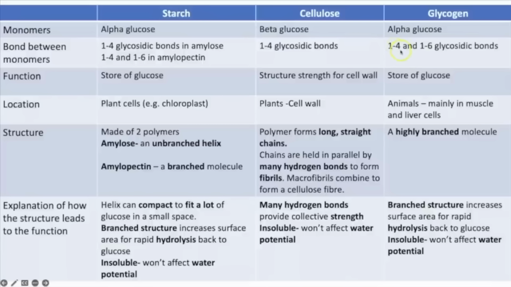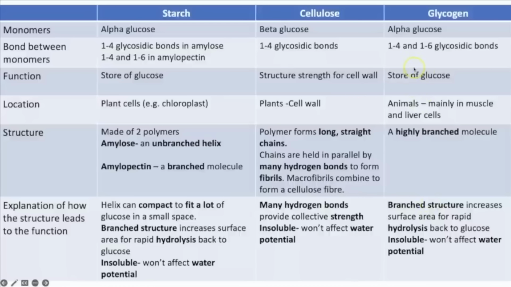It's composed of 1-4 and 1-6 glycosidic bonds, but it actually has far more 1-6 glycosidic bonds than amylopectin. So that means it's even more highly branched. Now this is important because the fact that there's even more branches means there's an even greater surface area for the rapid hydrolysis back into glucose so the glucose can be used in respiration.